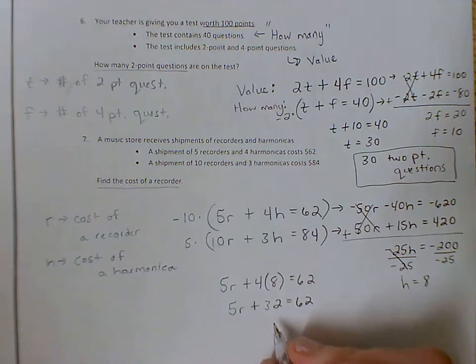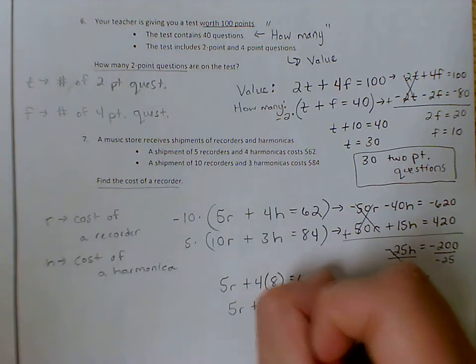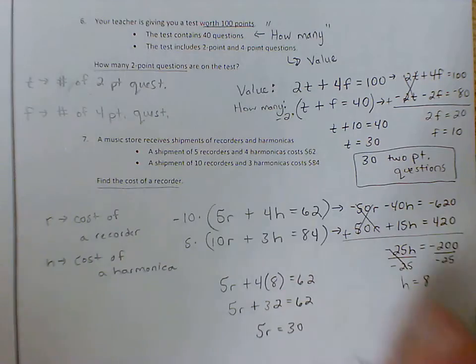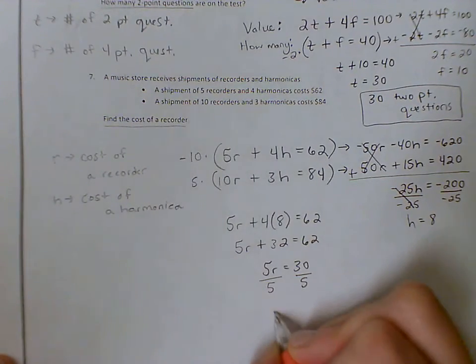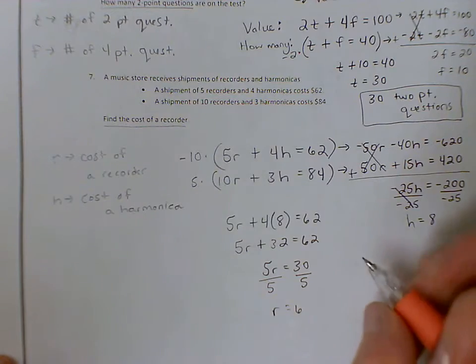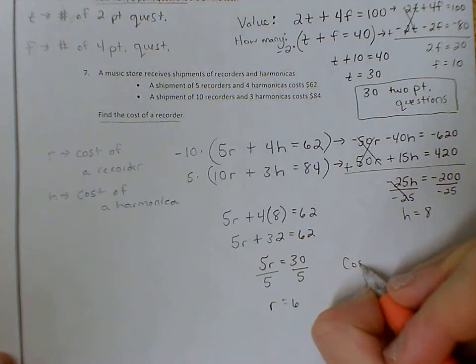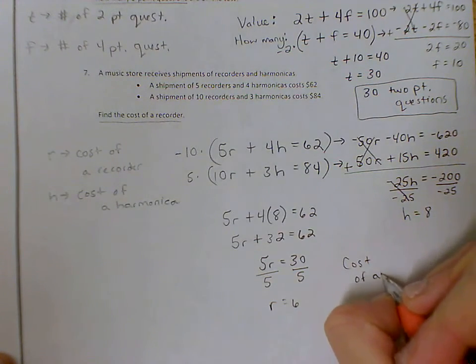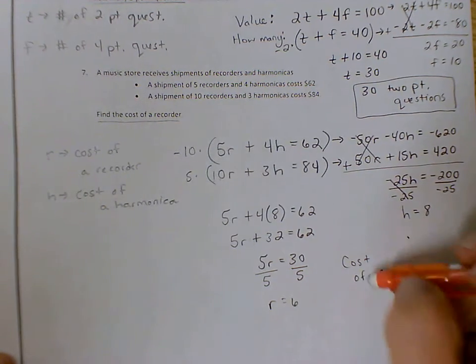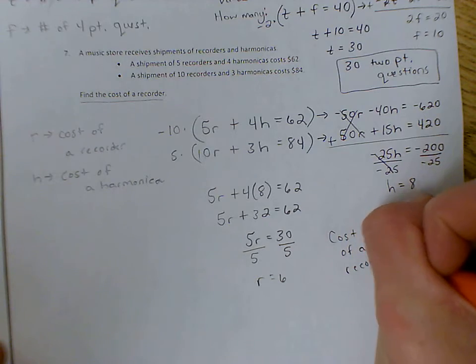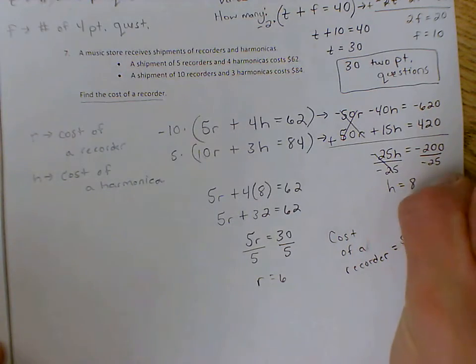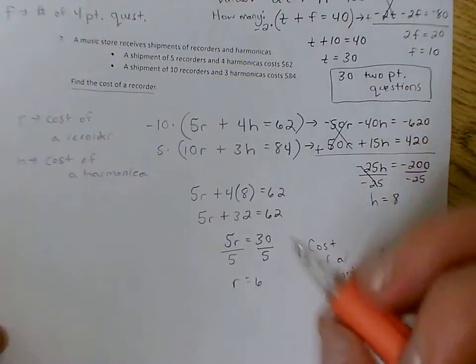I subtract my 32. So then I end up with 5R equals 30. Divide by 5, and R is 6. So the cost of a recorder, getting ahead of myself here, recorder is $6. So there you go.